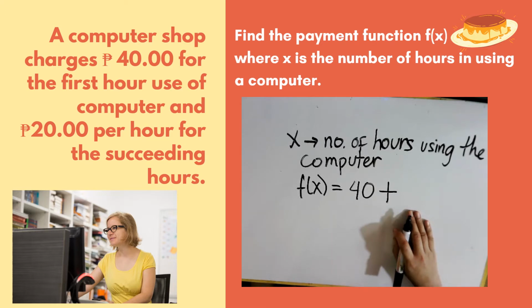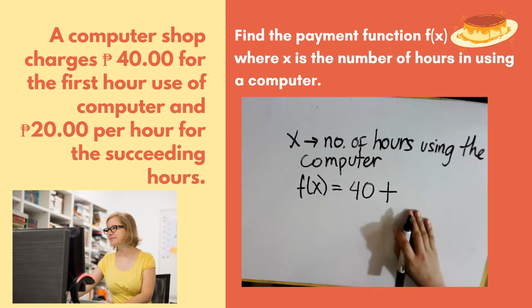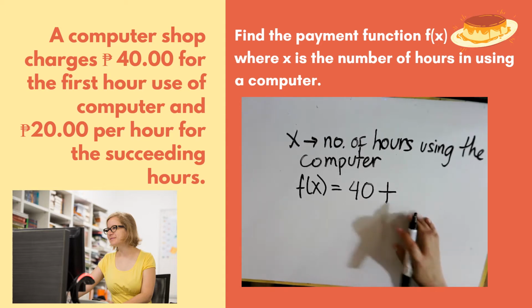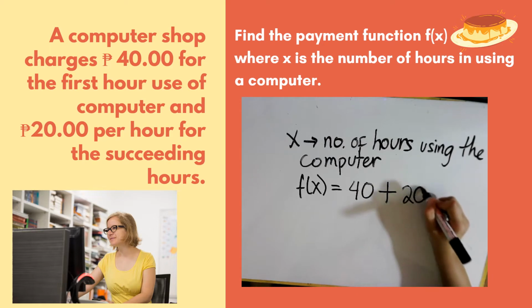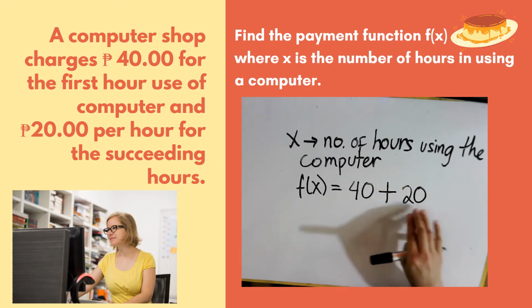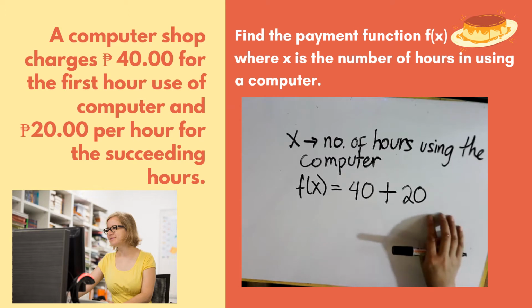Kung nakalimang oras ka naman, yung unang oras mo 40, tapos yung remaining 4 hours mo, ang rate nun ay 20 pesos. So, ang rate ng mga succeeding hours ay 20. No? 20 times kung ilan man yung hours na lampas sa una.